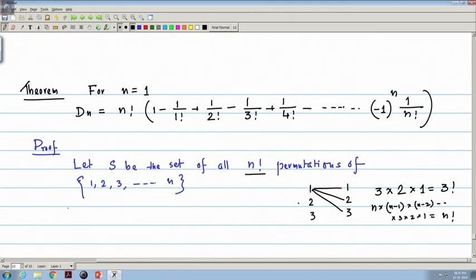Now, for some j equal to 1 to n, I write some property Pj, like the one we have considered in our inclusion exclusion principle: the property that in a permutation, j is in its natural position.